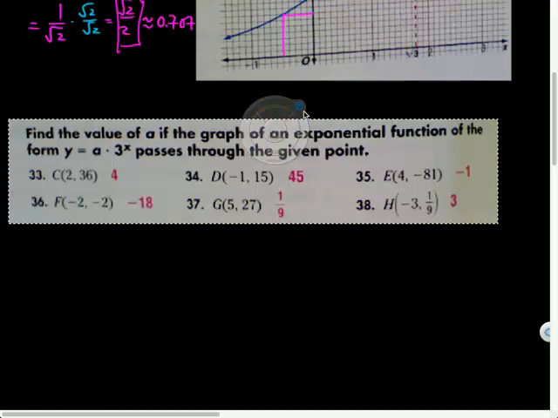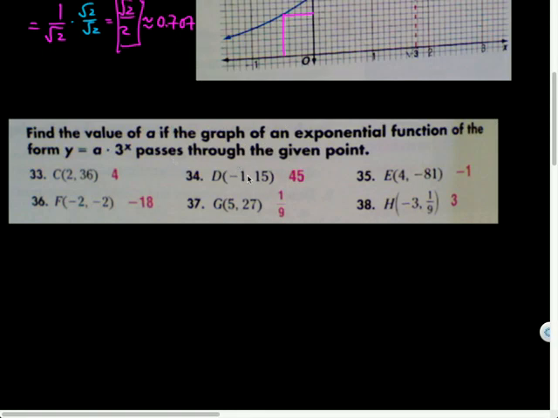So it says, find the values of a if the graph of an exponential function of the form y equals a times 3 to the x passes through the given point. So earlier we said that this one's tripling every time, and depending on what a is, it can flip this upside down, or it can stretch it vertically.